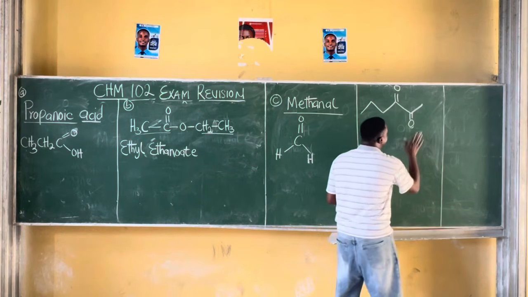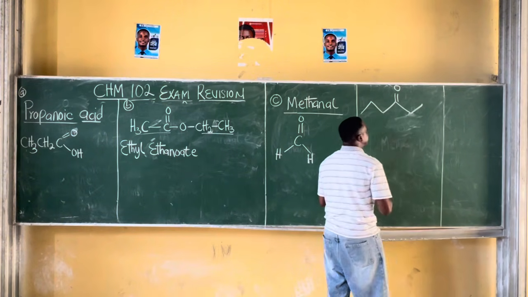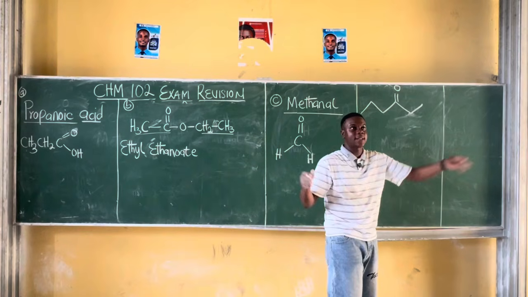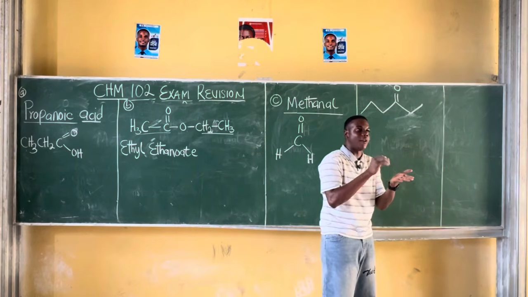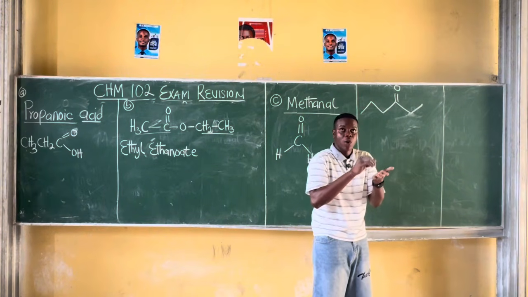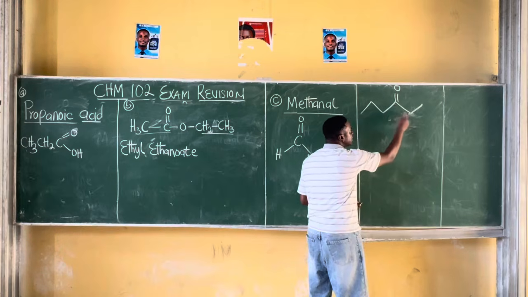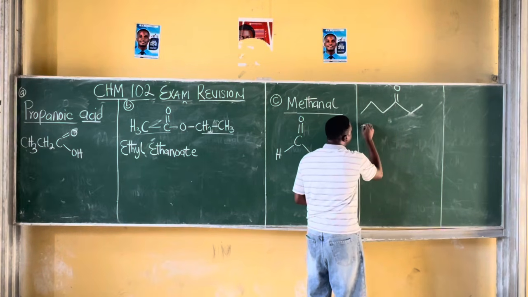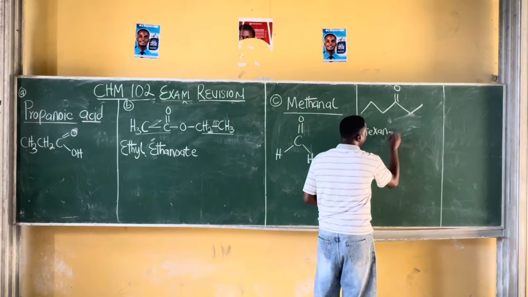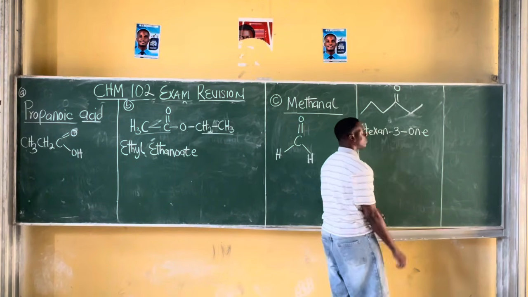But when it is not at carbon 2, let's say it is at carbon 3 or carbon 4, depending on how long the chain is, you have to take notice of that position. So in this case, it is at carbon 3. You can see it here. So since it's at carbon 3, this becomes hexan-3-one.